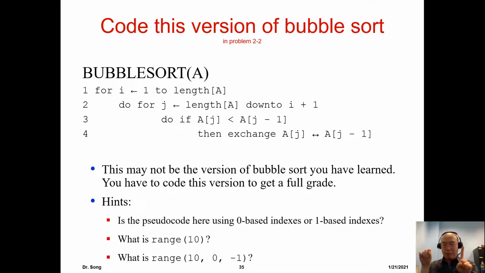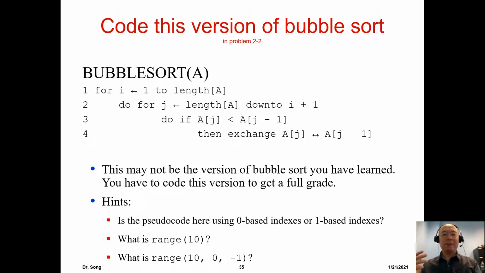down to i plus 1. So for the outer loop, we are iterating from the left side to the right side. And for line 2, the inner iteration, we are going from the right side down to the left side. Then if the right value is smaller than the left value, we do a swap.